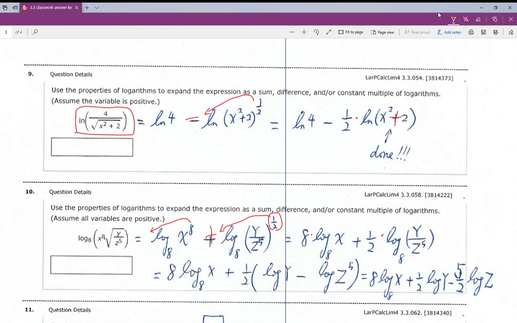Now, next we have division here. Division means subtraction. And then we distribute. So you have the final expression with three separate logarithmic functions connected by addition, subtraction, or multiplication.